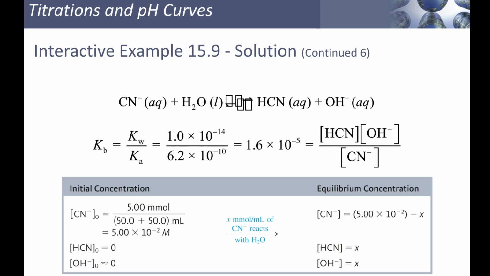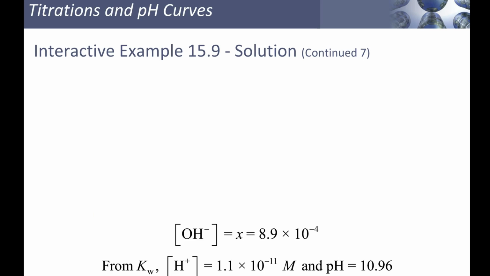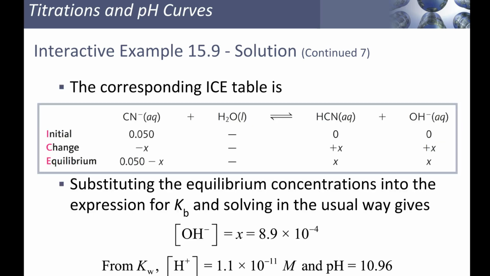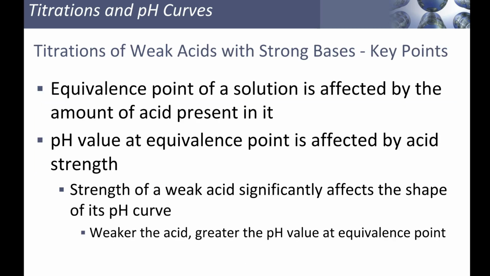Kw over Ka. So, you know that you have 5 millimoles of the cyanide, and you added 100 mils, right? So you can do the equilibrium concentrations. Then you can plug it into Kb. When you do that, you see that pH ends up being 10.96. Okay, so that's the last one.